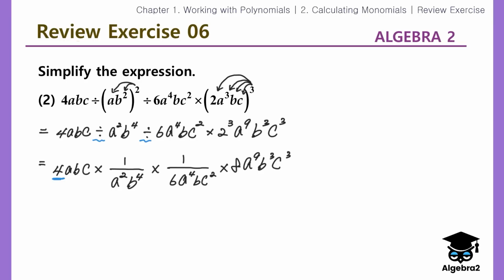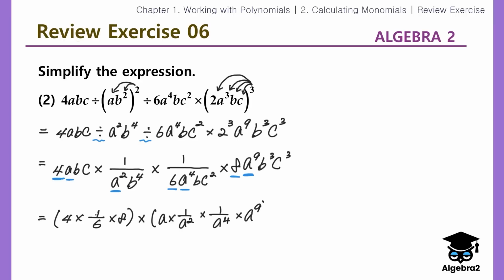We have 4, 1 over 6, and 8. So, equal to 4 times 1 over 6 times 8. Now, variable a. We have a, 1 over a squared, 1 over a to the 4, a to the 9. So we have here a times 1 over a squared times 1 over a to the 4 times a to the 9 times, let's look at b.